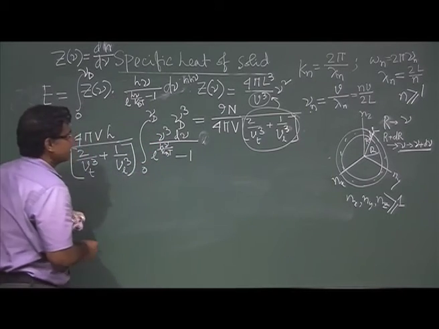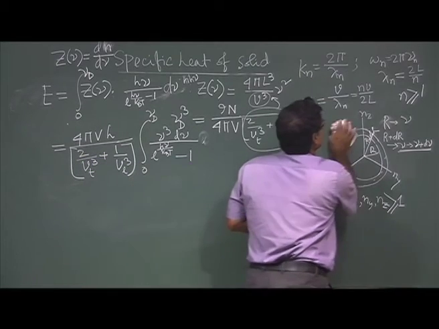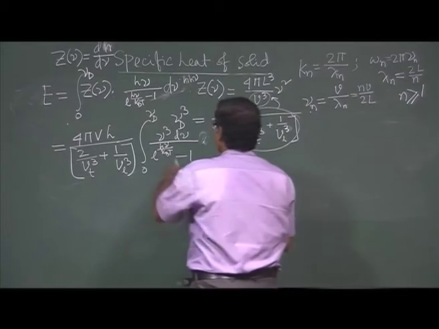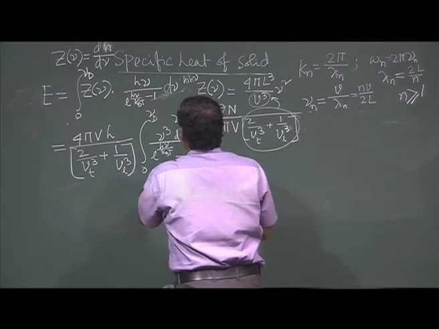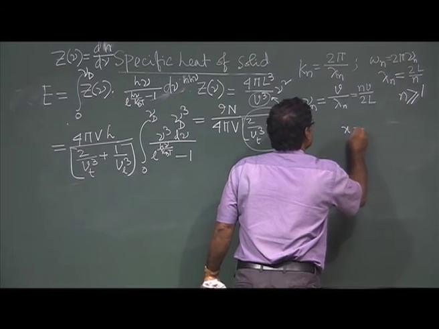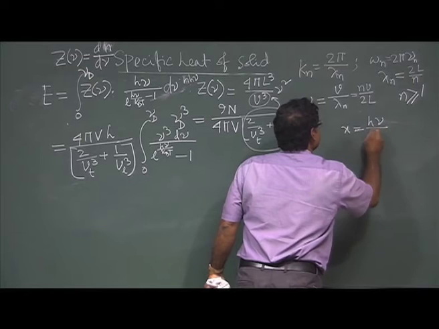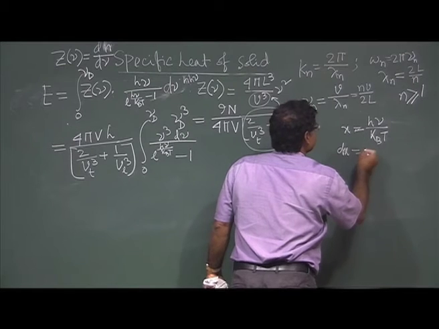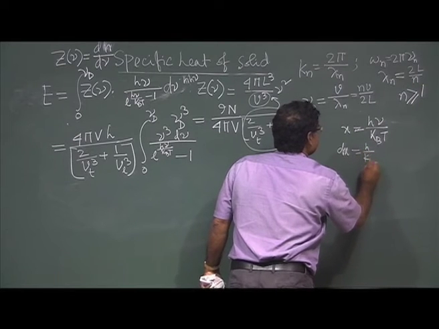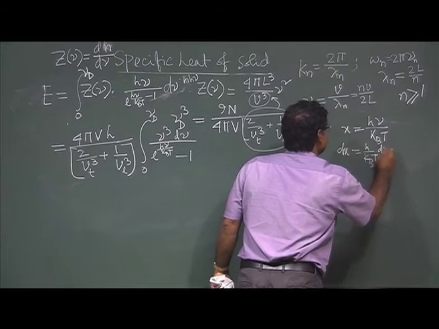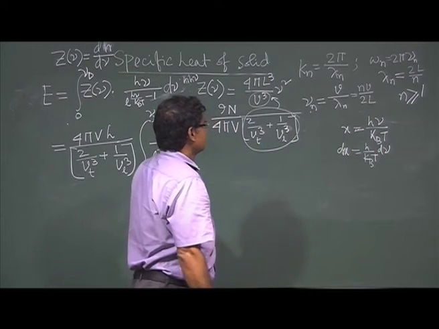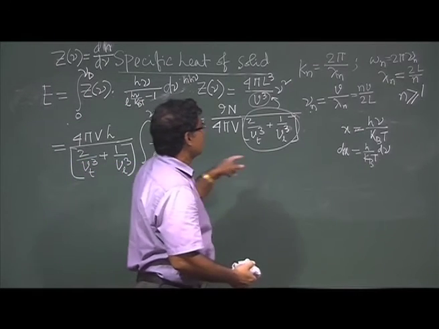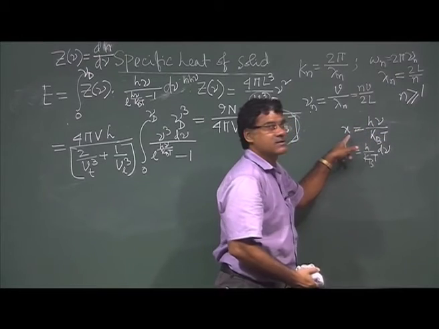For integrating this one, I have to consider that. Let us take x equal to h nu by k_B T. So dx equal to h by k_B T d nu, right. When nu tends to 0, x tends to 0.